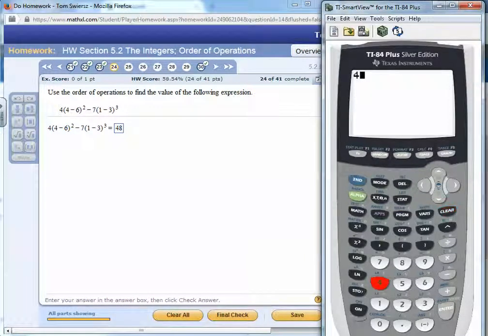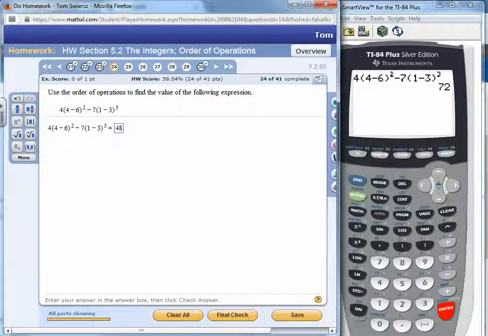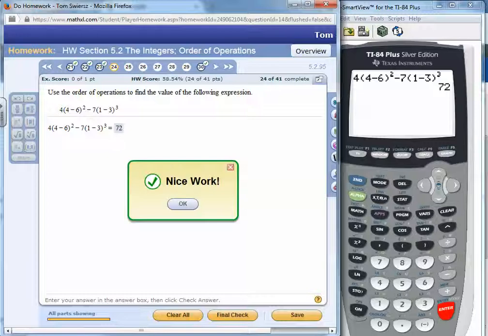All right, 4 times 4 minus 6 squared, there we go, minus 7 times 1 minus 3 quantity cubed. I hope I finally got it copied correctly. All right, there's a lesson to be learned. Make sure you copy it correctly if you're using the calculator. And there we go, we indeed got it correct.